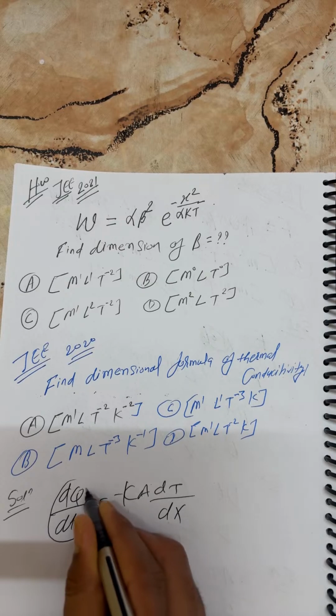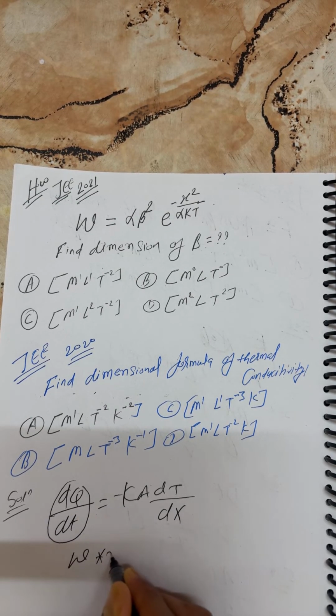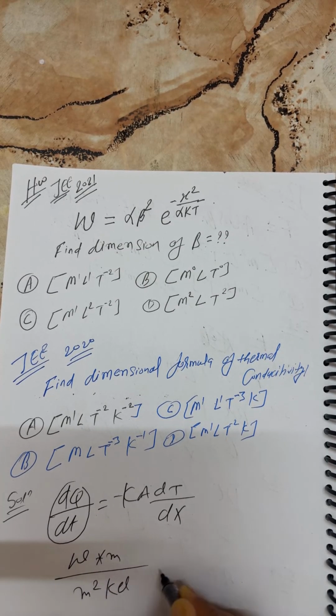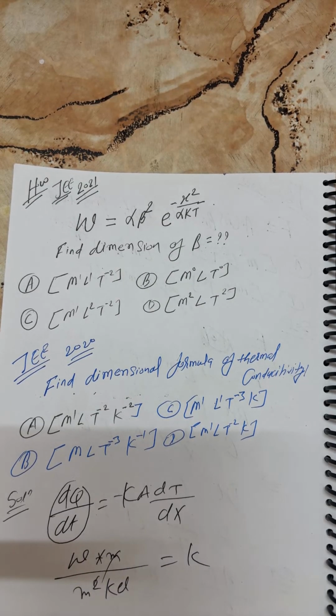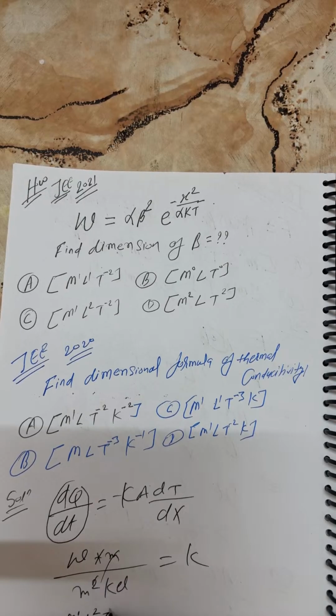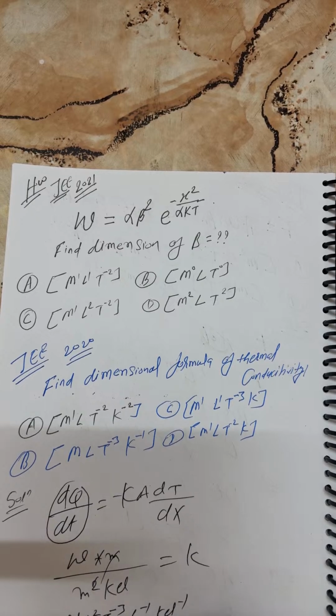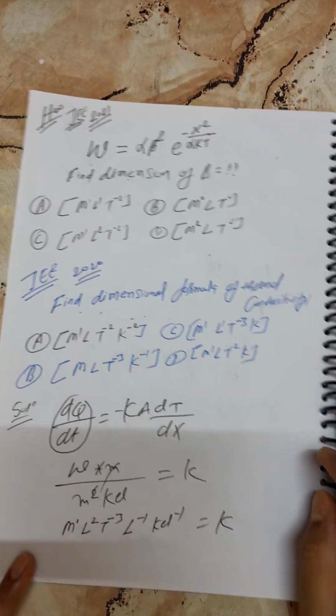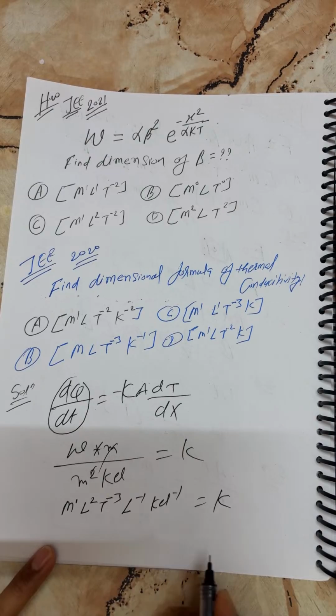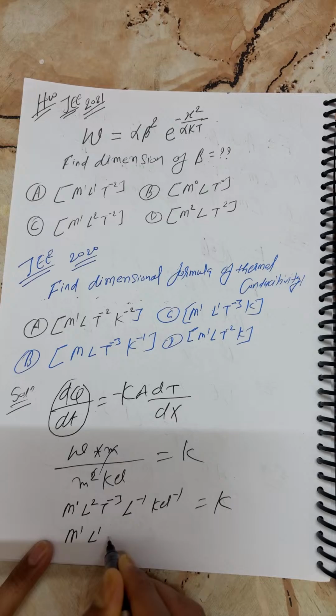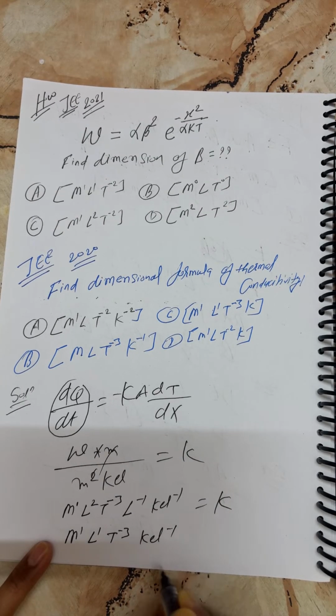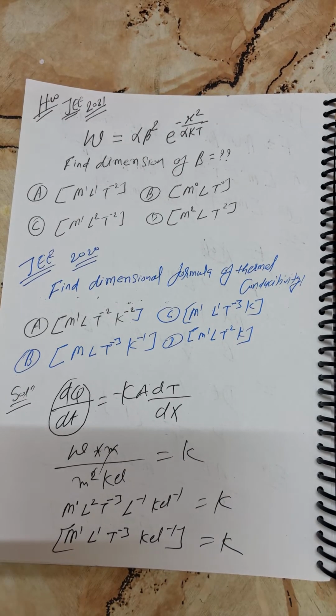So joule per second, M1 L2 T minus 3, divided by meter squared Kelvin, gives k per meter Kelvin. So the final answer is M1 L1 T minus 3 Kelvin inverse. Tell me the answer, anyone.